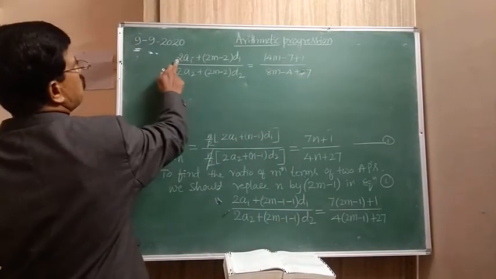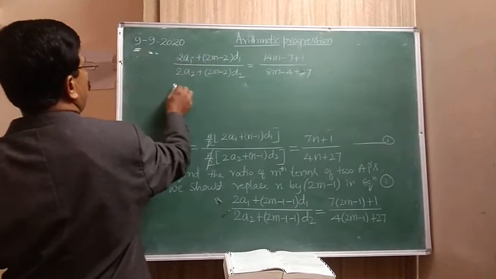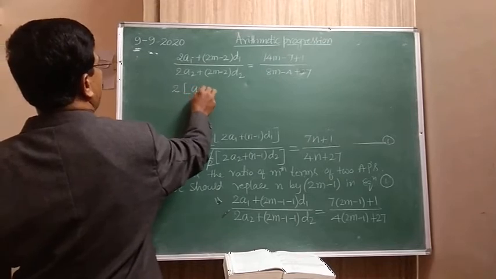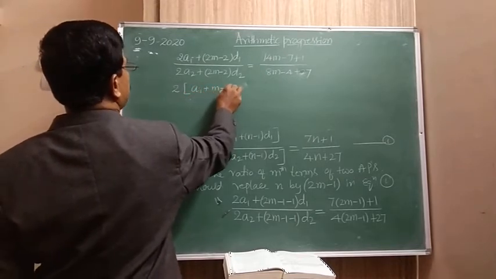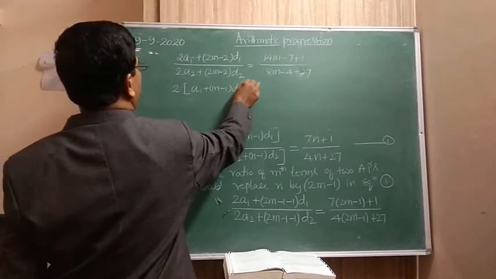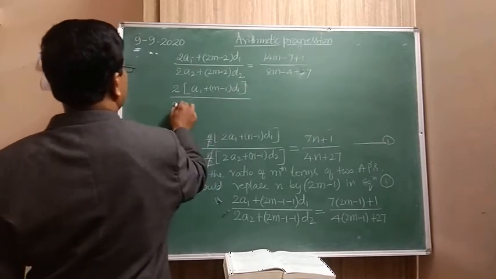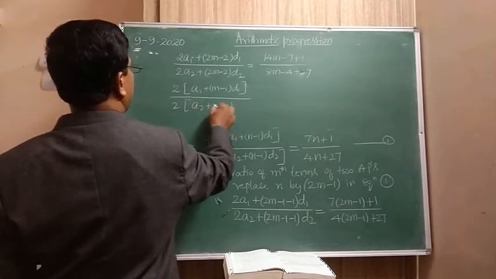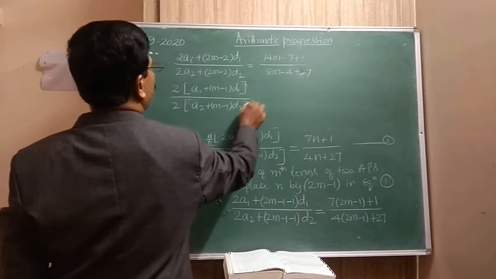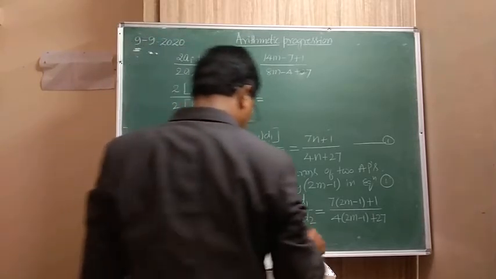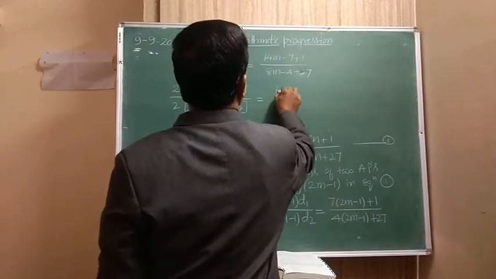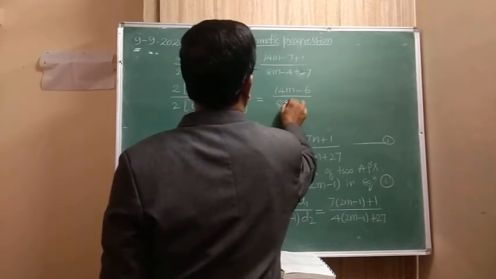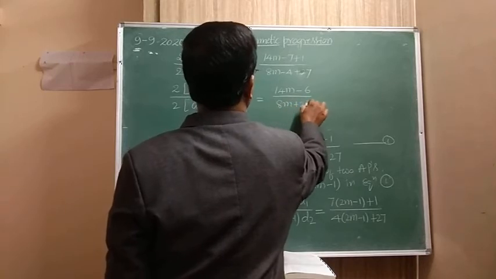Now here look at this 2, 2, 2. Taking 2 common. So left out is what? a1 plus m minus 1 into d1 whole divided by a2 plus m minus 1 into d2 is equal to, what is this? 14m minus 6 by 8m plus 23.